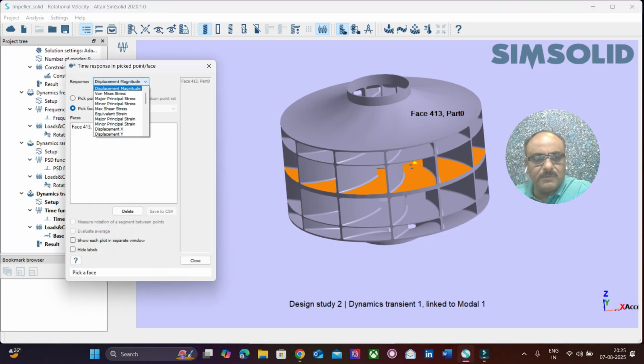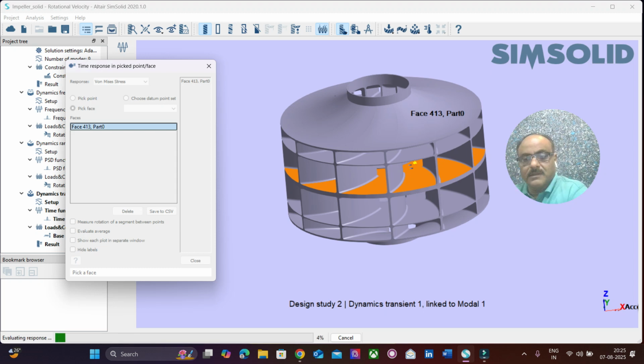Now let's see what the von Mises stress is going to be. We have found the deformation, the deflection response, and let us see how the stress is going to vary all throughout that particular central disk.